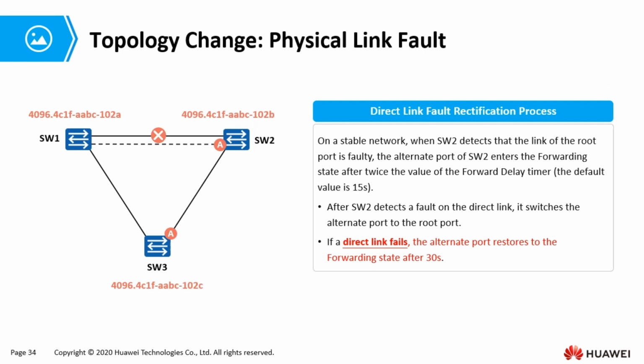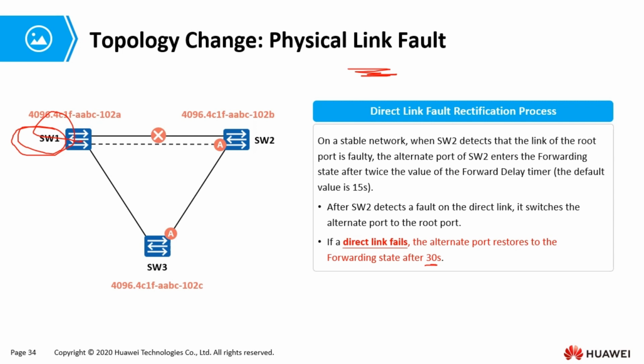Now if it is a physical link failure, that means the two switches are connected by two links, where one is active and the other is a standby link under your root bridge. Basically, you need 30 seconds to recover, because you no need to wait for the 20-second maximum age time.